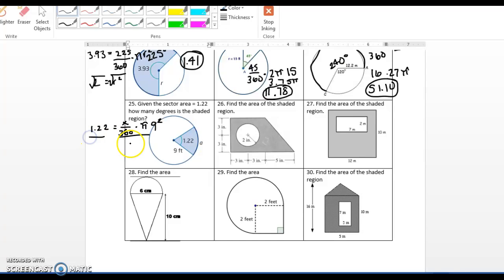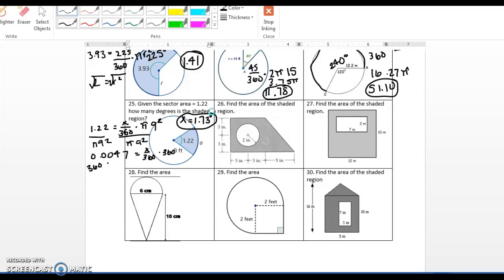Divide both sides by pi 9 squared. And I was left with 0.0047 equals x divided by 360. And then I multiply both sides by 360. And x is approximately 1.73 degrees.